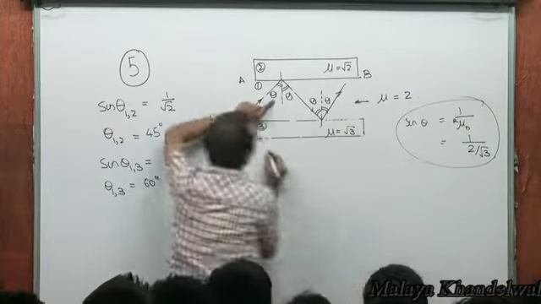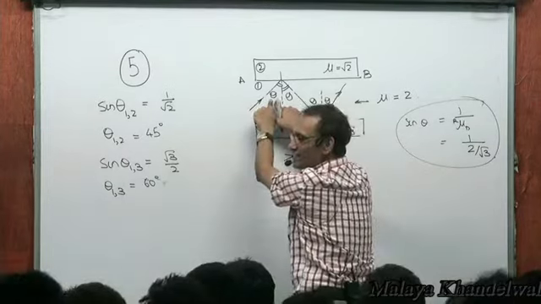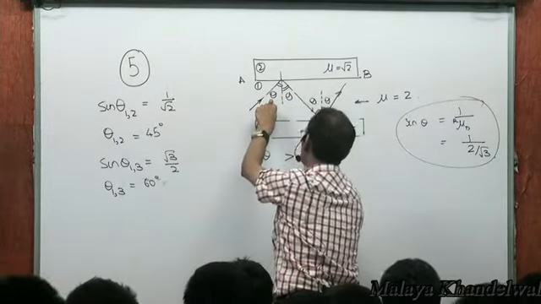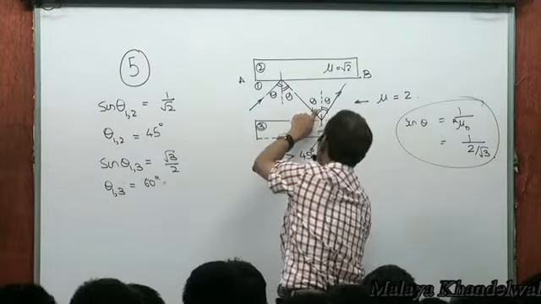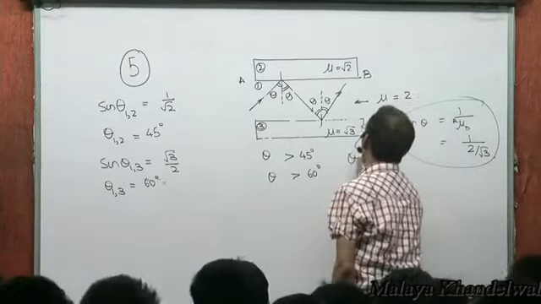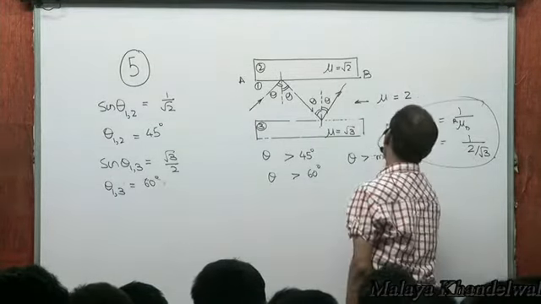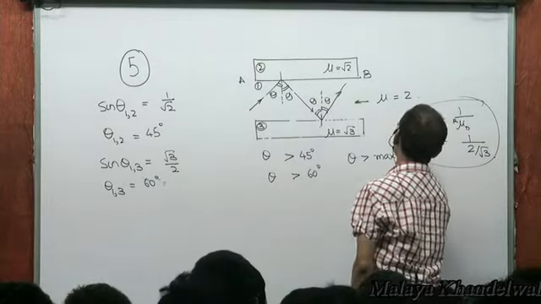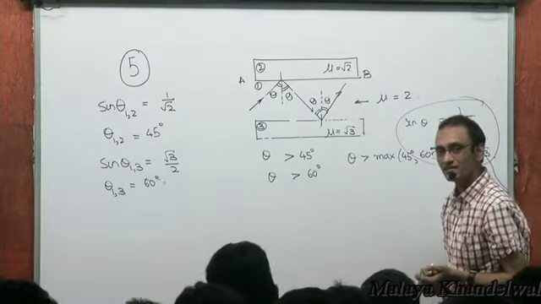So theta has to be greater than 45 degrees here. But theta here has to be greater than 60 degrees here. That means theta has to be greater than the larger of 45 and 60 degrees.